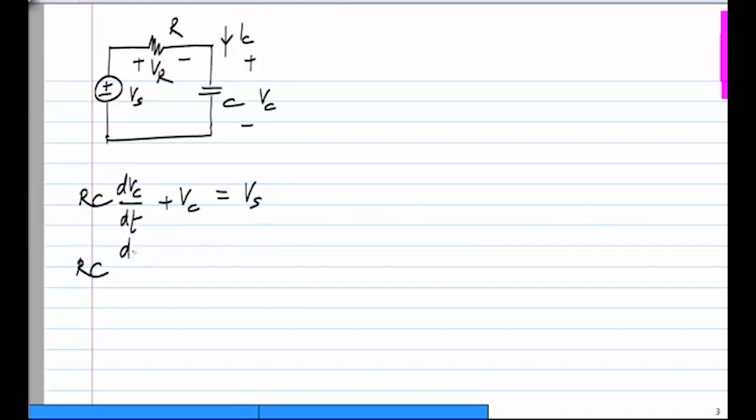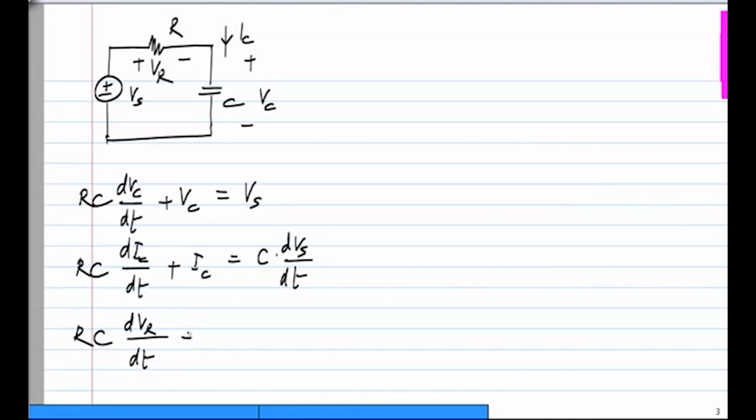In terms of Ic, this is the differential equation, and finally in terms of Vr, this is the differential equation.